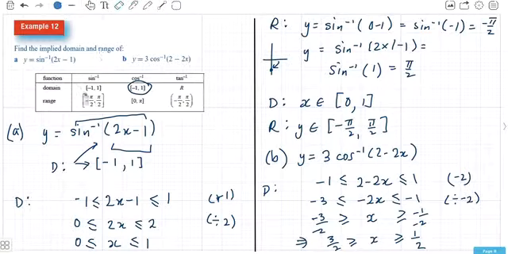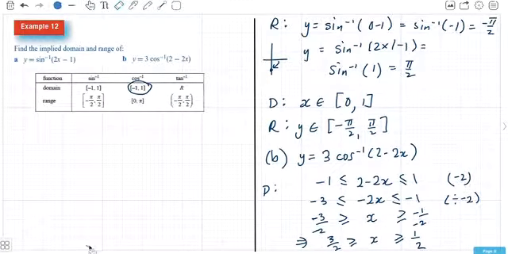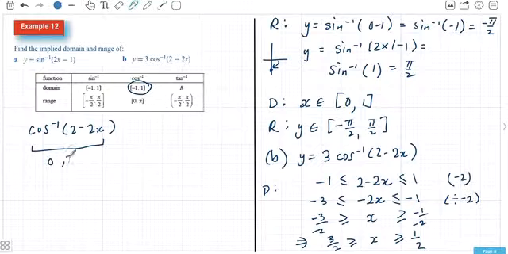To finish off, I'll just erase this section here. We want to look at our range as well. Now normally cosine of 2 minus 2x, that part there would be ranging between 0 and pi in terms of its range. But because we have a 3 out the front, it's going to be 3 times that range.